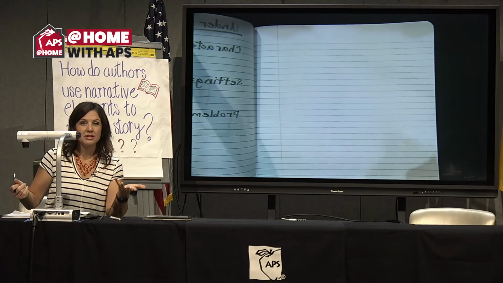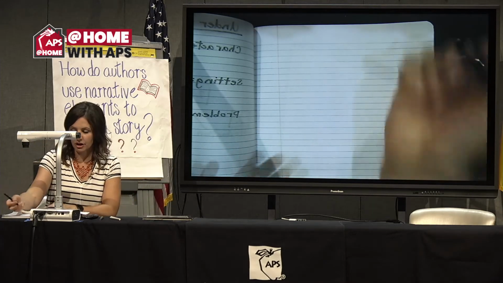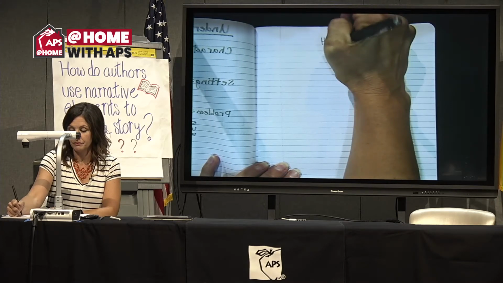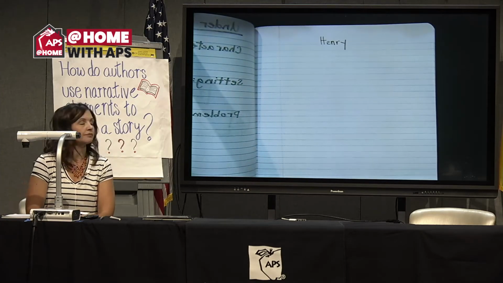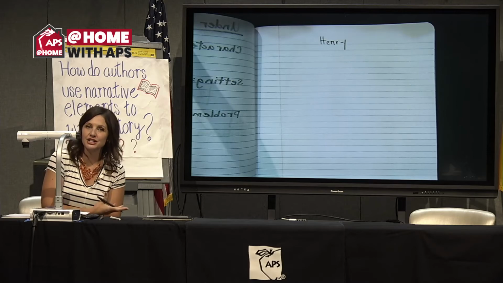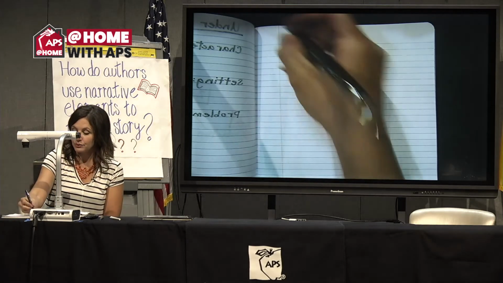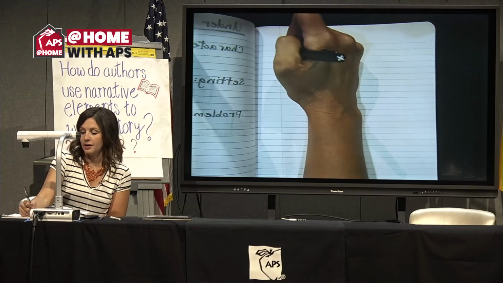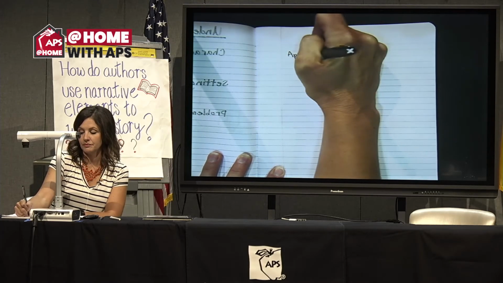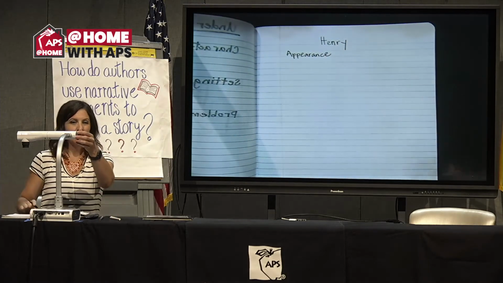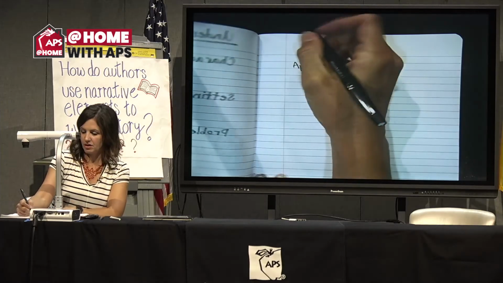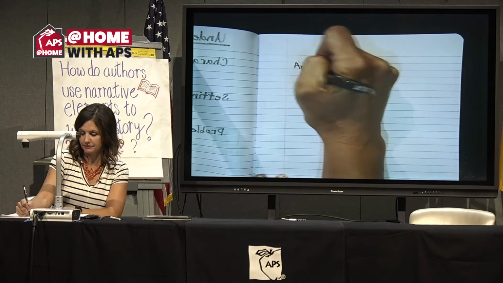So I have named my fake character, Henry. When I describe Henry, I'm going to use adjectives. I will describe his appearance. His appearance means, what does he look like on the outside?